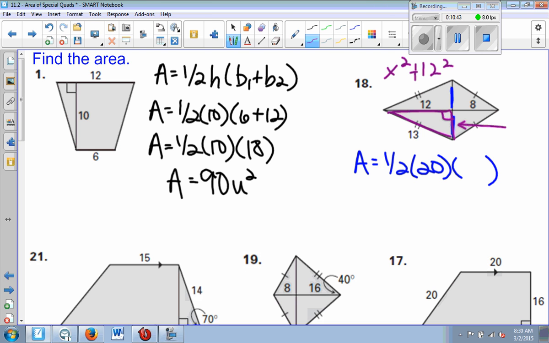Some of you may already notice what the x value is. It's 5 because it's a Pythagorean triple, which means that this diagonal is 10. To find the area, again, we're not going to do 1/2 times 20 and 1/2 times 10. It's 1/2 times 20 times 10, which gives us an area of 100 square units.